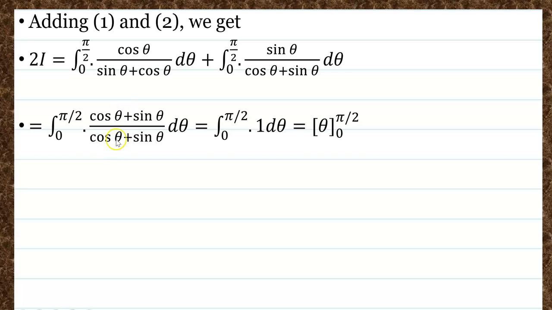And this will get cancelled. You will get integral 0 to pi by 2 of 1 d theta, and its integral is theta from 0 to pi by 2. Therefore 2I is equal to pi by 2 minus 0. 2I is equal to pi by 2, and therefore I is equal to pi by 4. And this is the answer.